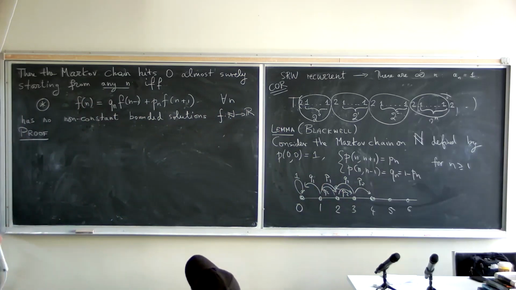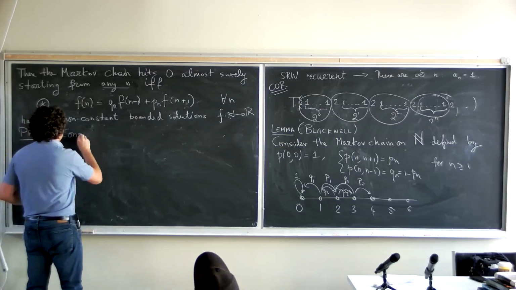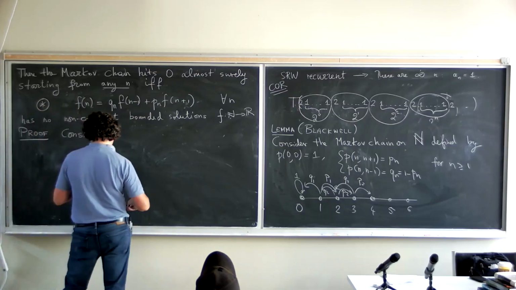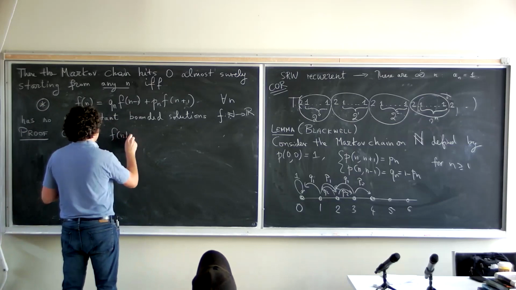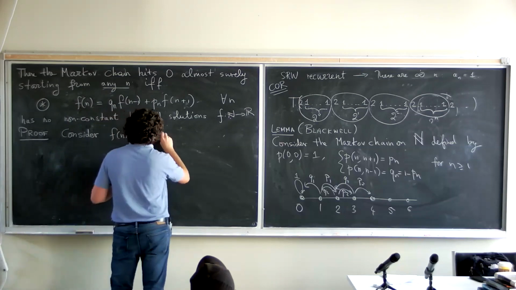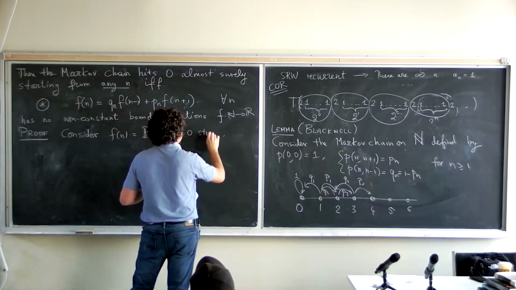That's exactly right. So you consider, and this is the most important point, the following function, f of n, which is the probability of hitting 0 starting from n.